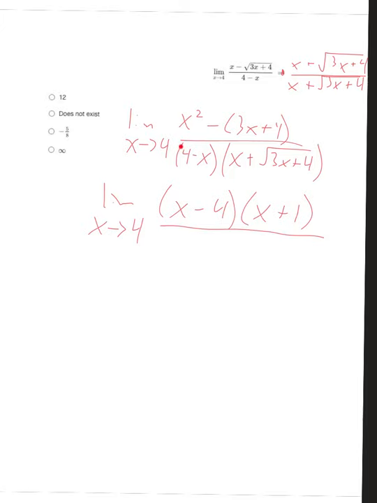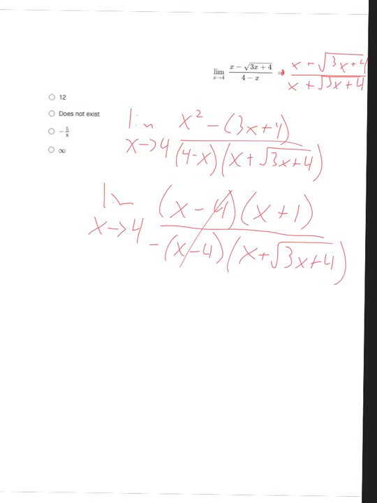Well, I can just factor a negative out of this little guy, and that would change the sign on both of those. So I do that: negative x minus 4. And then again, just leave this, don't multiply this out, hoping it will cancel. So now the x minus 4's do cancel.